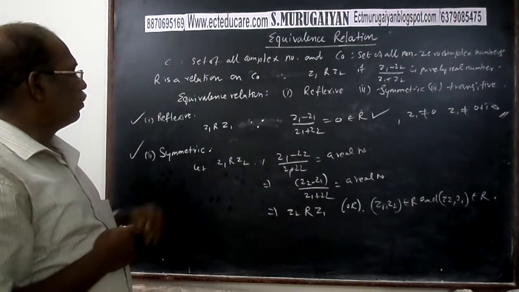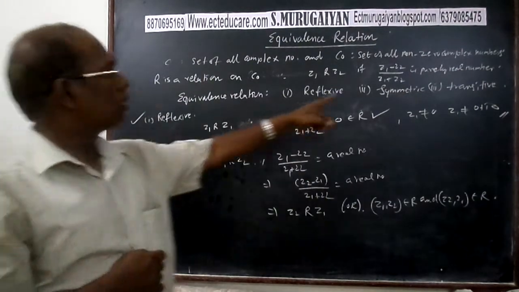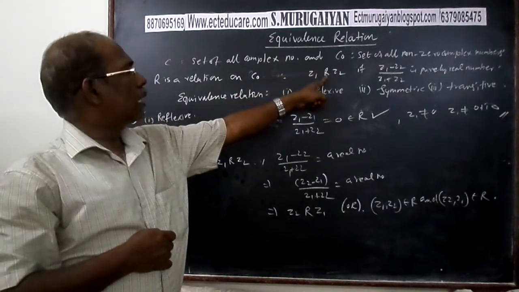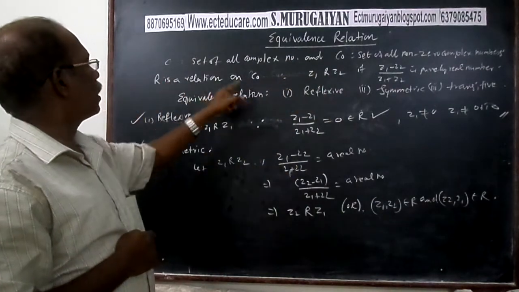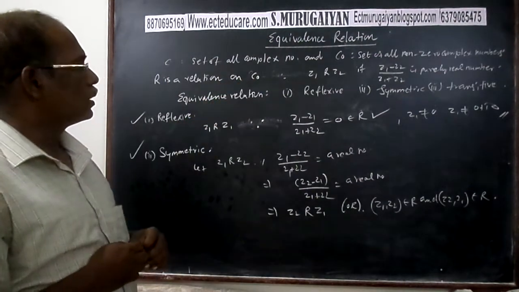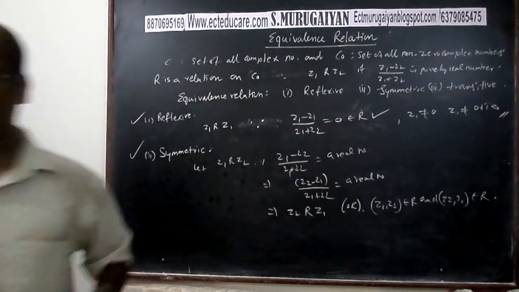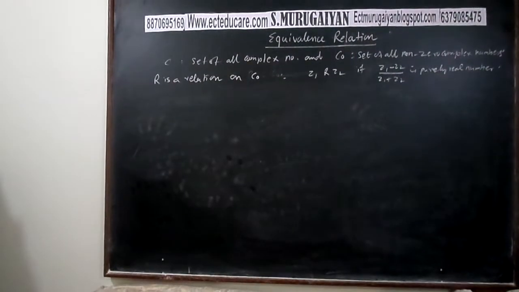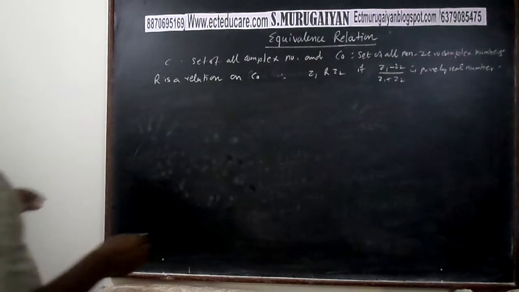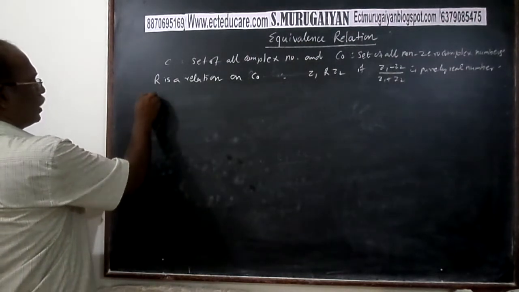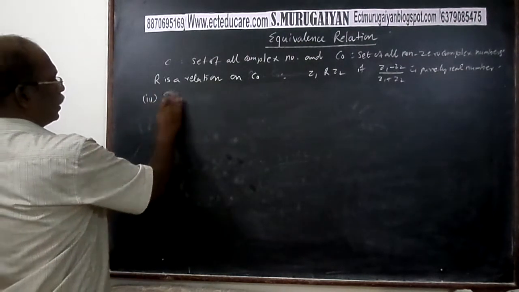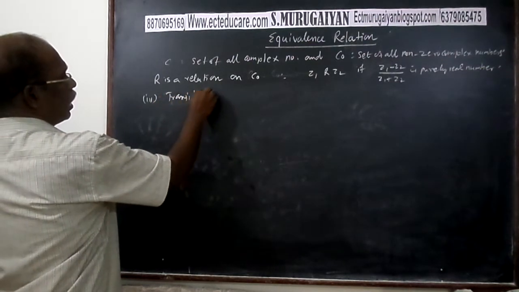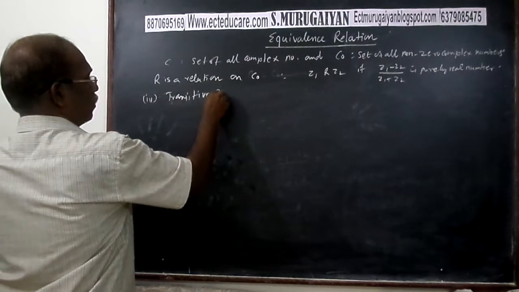Now we have to discuss the third one, the transitive case of the relation R on the set of non-zero complex numbers C naught. Let's go through it. Third one, to discuss equivalence, that is the transitive relation.